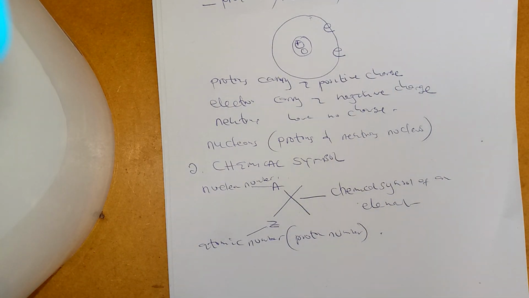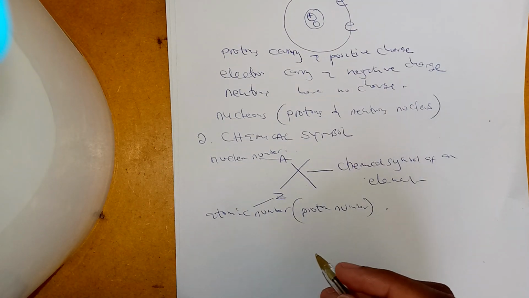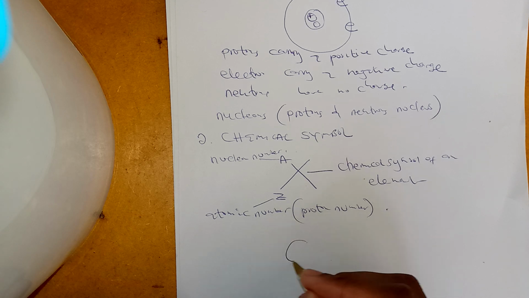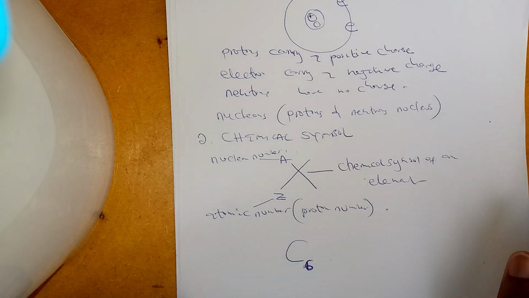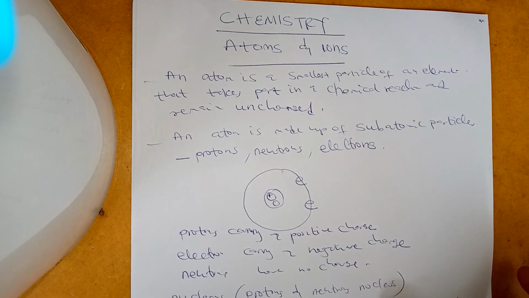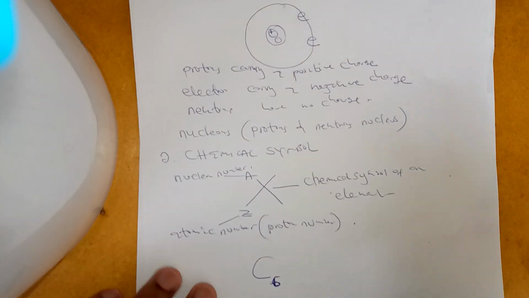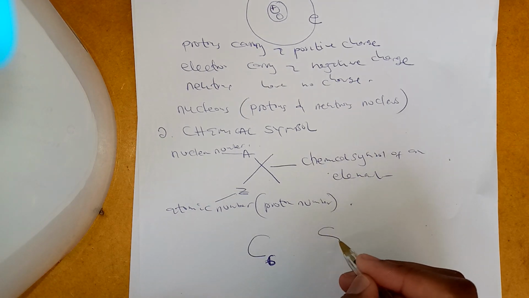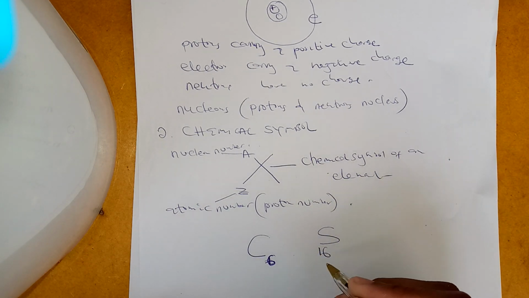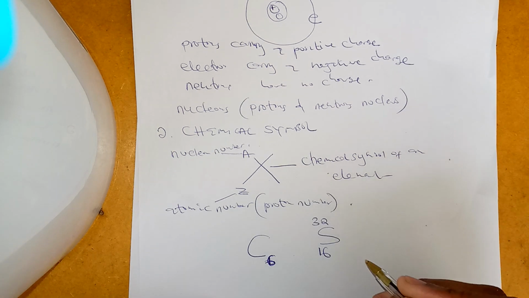For example, let's talk about carbon-12. Then we pick another example on the periodic table: sulfur. Sulfur will have a 16 down there, then on top it will have 32.